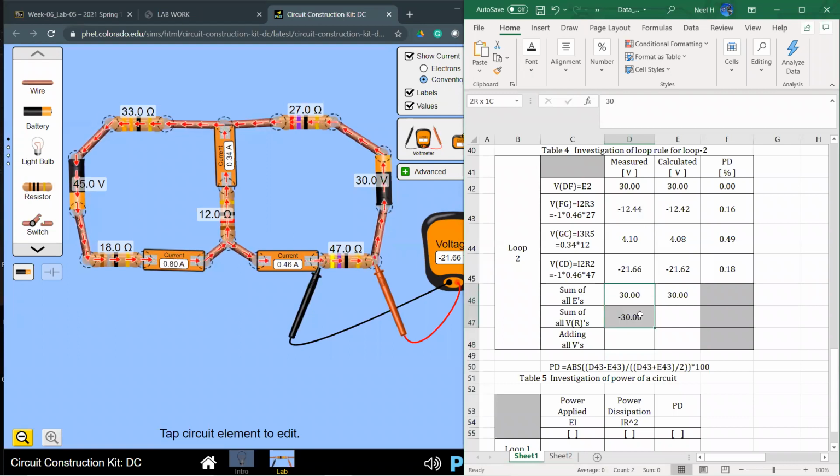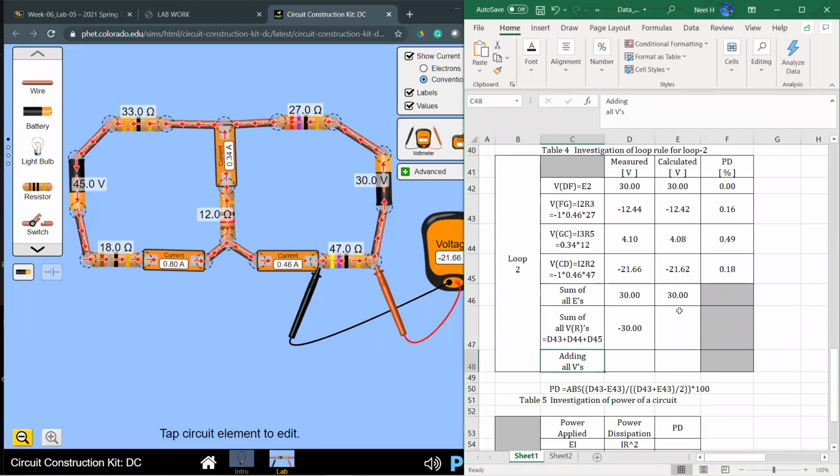You can see these two numbers are exactly the same, one positive, one negative. That confirms our voltage loop rule is correct. That's the idea, okay? I'm just adding all the voltages together to get this. Let me add that also here. And same for the other one. We can add E43 plus C44 plus C45. All the voltage drops together are about the same. It's not exactly 30, but it's close enough, okay?